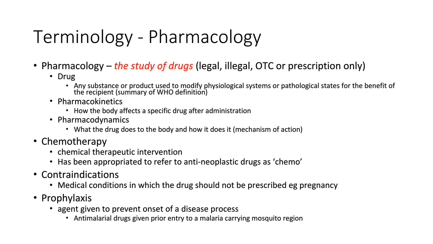So there are two new words that you need to learn. One is pharmacokinetics and the other is pharmacodynamics. Pharmacokinetics is all about how the body actually affects the drug once you swallow it or it's injected. Pharmacodynamics is all about what the drug actually does to the body.